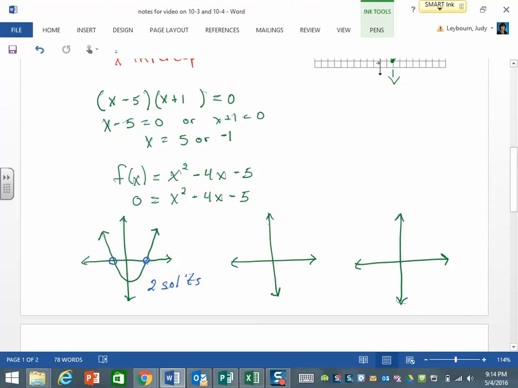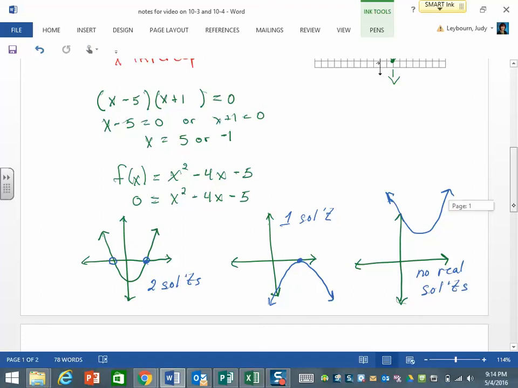Okay, if my graph looks like this instead, and it just has this one x-intercept right there, then I'm going to have only one solution. And if my graph is, let's say like this, it never touches the x-axis, and so I'm going to have no real solutions.